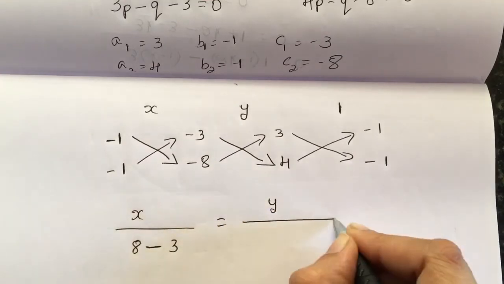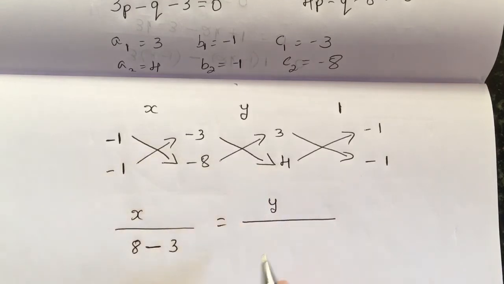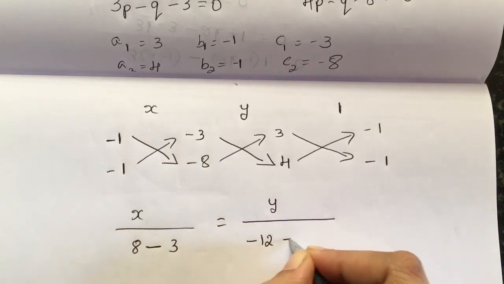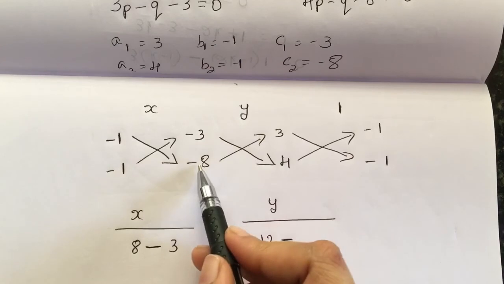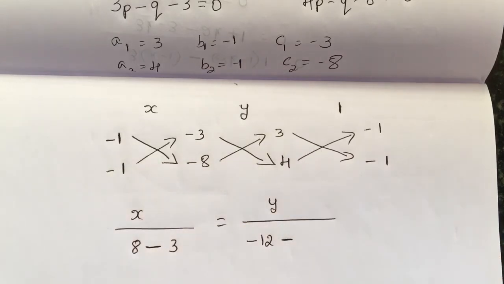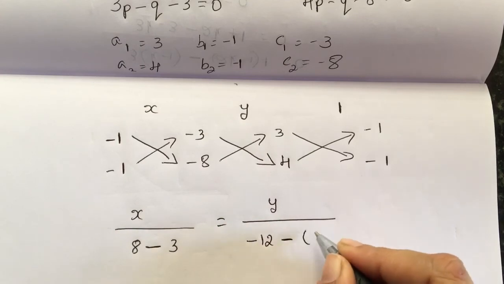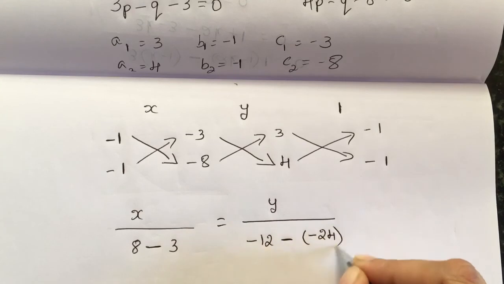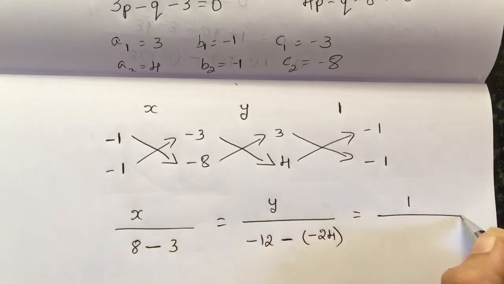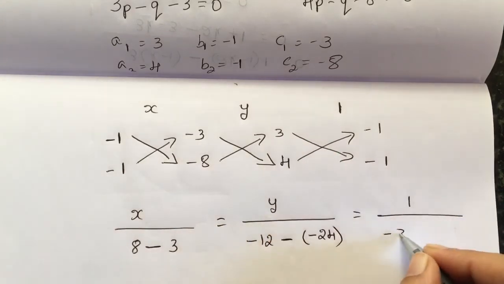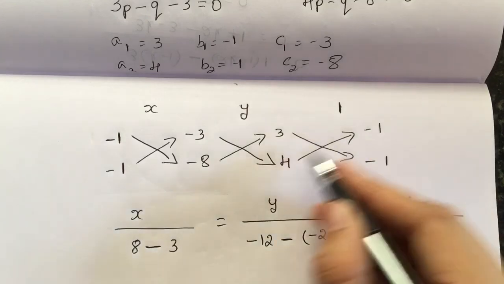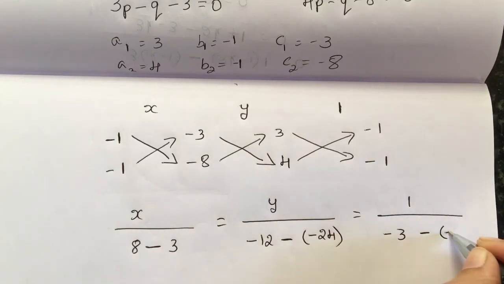Y divided by minus 3 into 4 is minus 12, minus 8 into 3 is minus 24, so minus of minus becomes plus 12. And 1 divided by minus 3 minus 1 into 4 is minus 4.